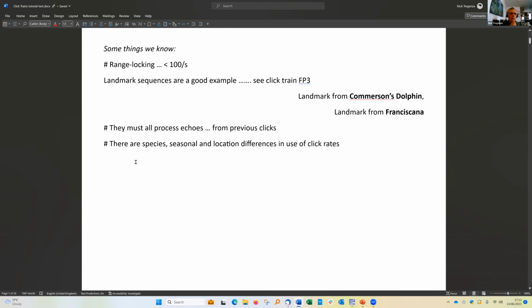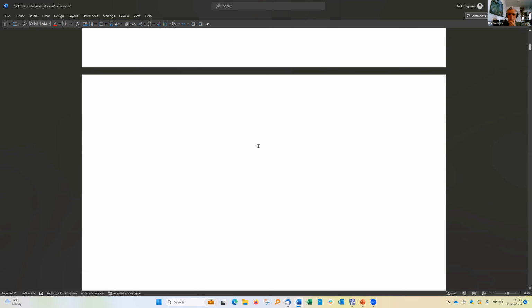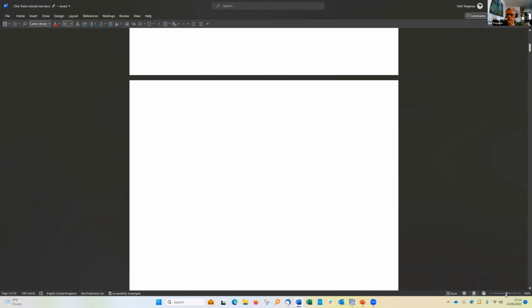Okay, so there are species differences, seasonal and location differences in the use of click rates, and I've put some of these together here just to save processing them.